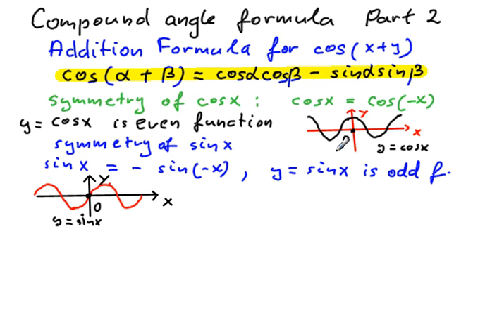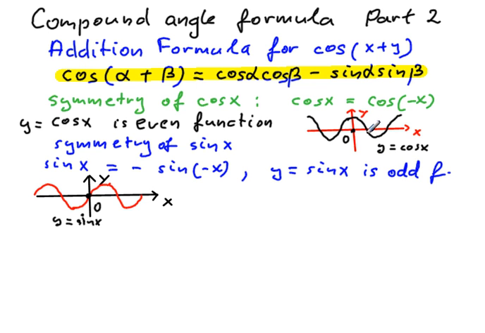This little sketch here represents the cosine graph, and as you can see, the graph of the cosine function is symmetrical about the y-axis. That means for any value of x, the cosine ratio of negative x will give you the same number.